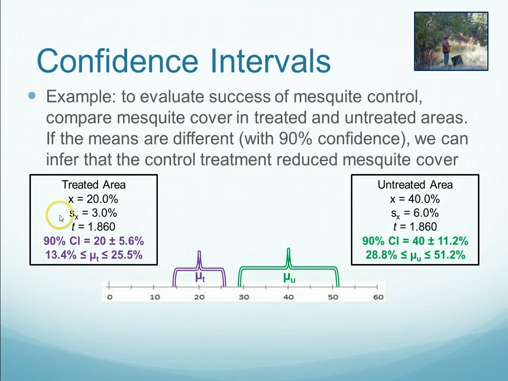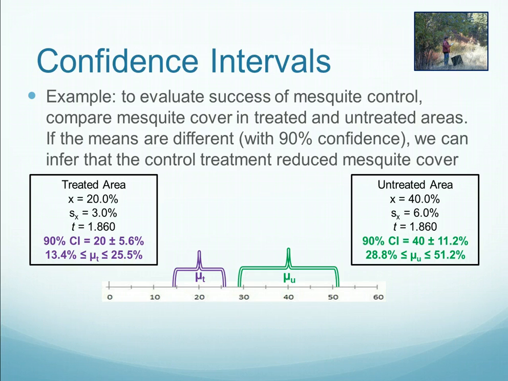Based on differences in the precision of these estimates and holding the t-value the same, because we're developing 90% confidence intervals, we would say that we have a 90% confidence that the true mean in the treated area lies between 13.4 and 25.5% cover, and that the true mean in the untreated area lies between 28.8 and 51.2% cover.